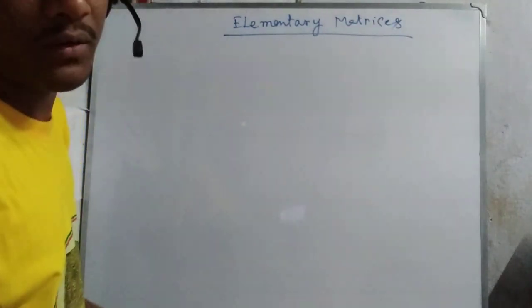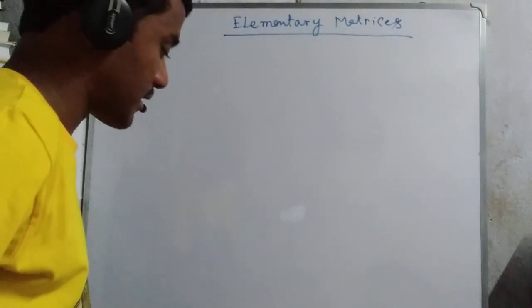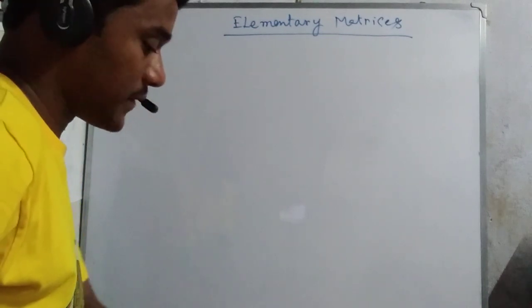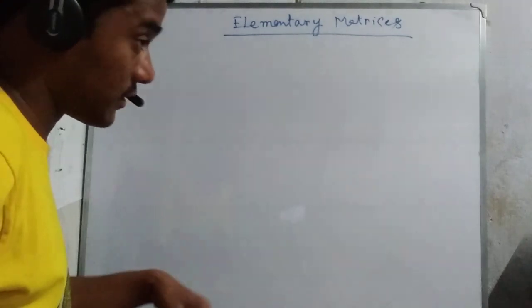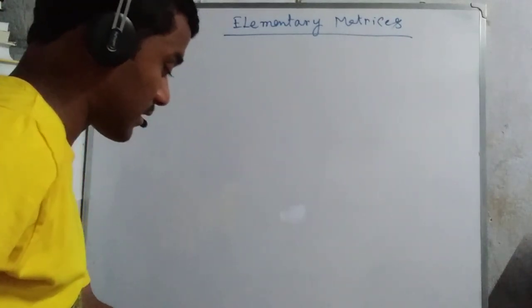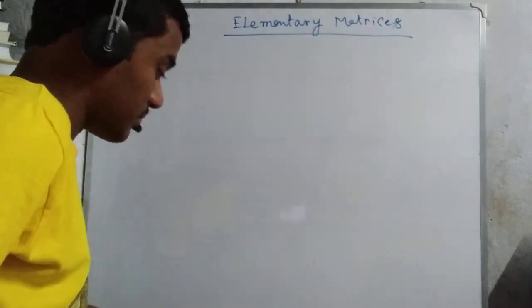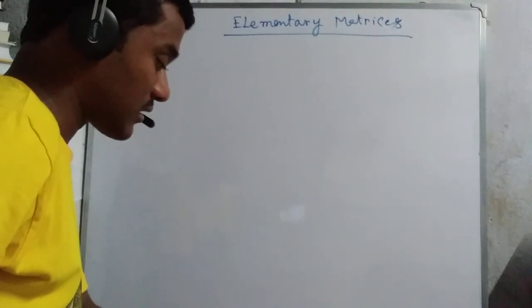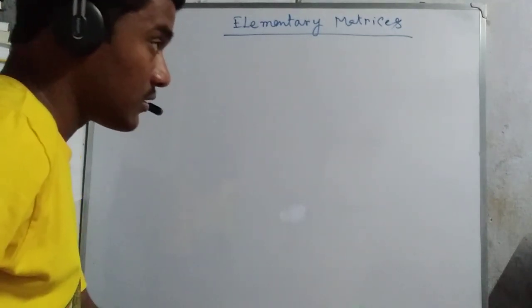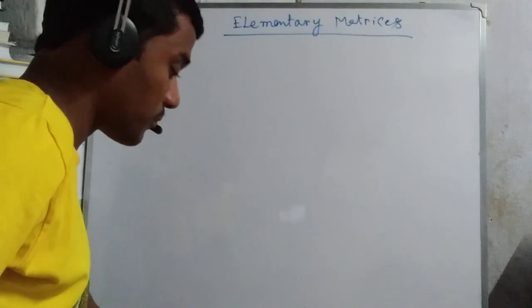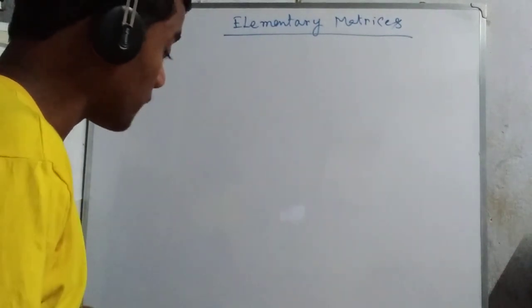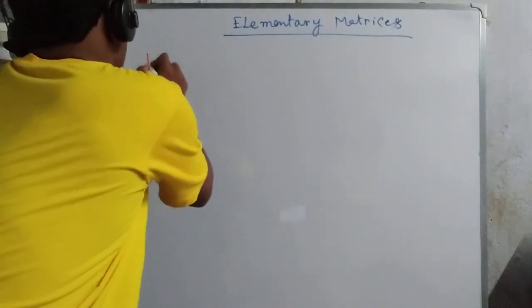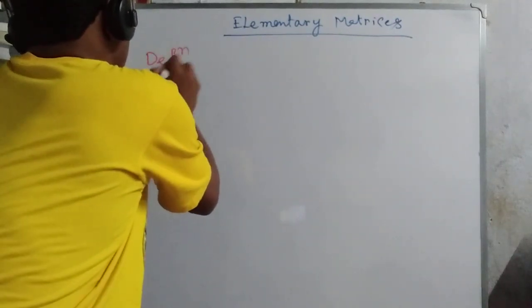If we handle elementary matrices, then we can go further to other topics, such as the connection between matrices and linear transformations. So today we start from the definition of elementary matrices.